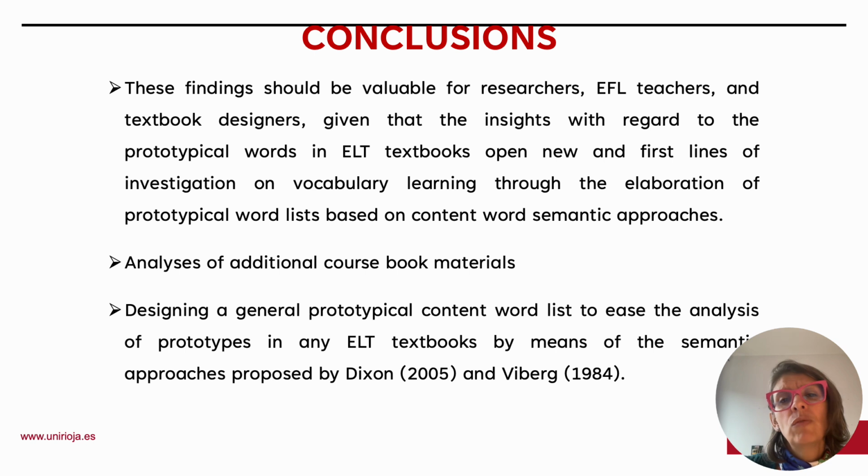These findings should be valuable for researchers, EFL teachers, and textbook designers, given that the insights with regard to the prototypical words in English language teaching textbooks open new and first lines of investigation in vocabulary learning through the elaboration of prototypical word lists based on content word semantic approaches.